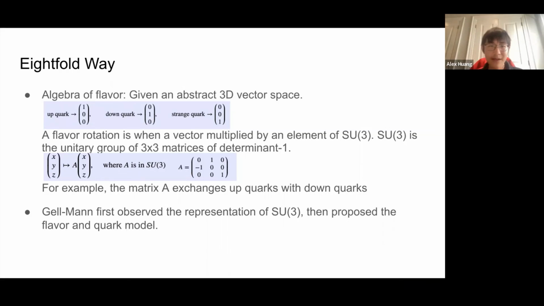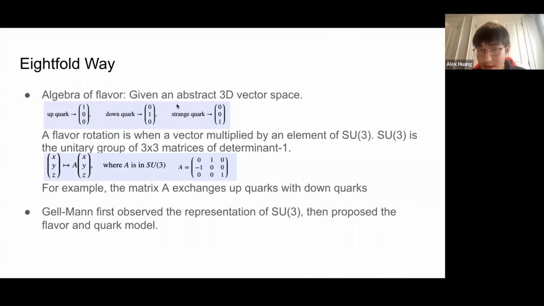In this way, we can rotate the different particles. For example, here we rotate the up quark and down quark, and we build a relationship between the proton and the neutron.